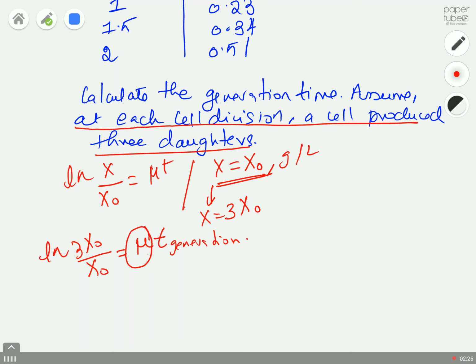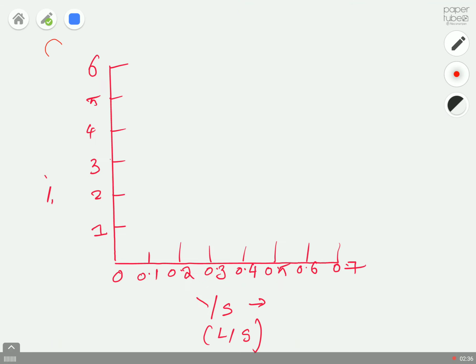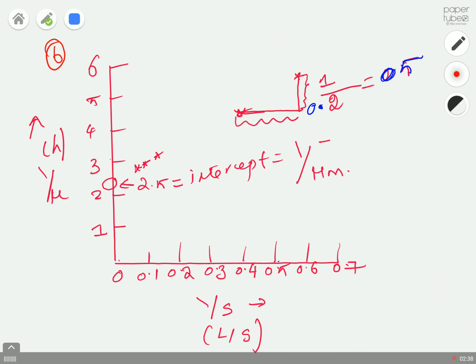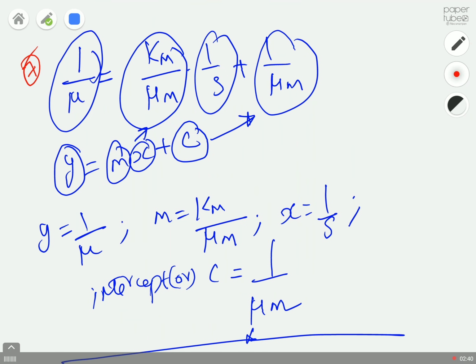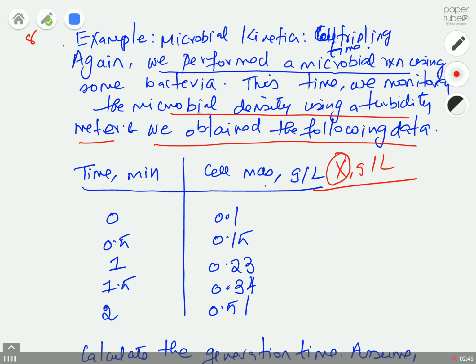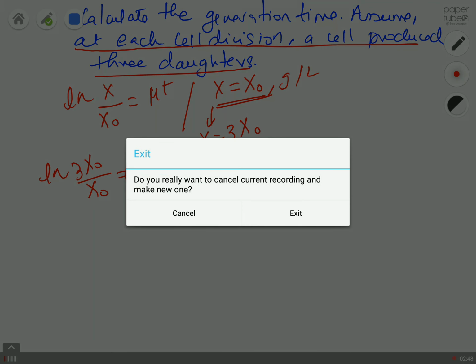Let's fix the page number first. So we are in page number 8. Okay, let's calculate the cell generation time.